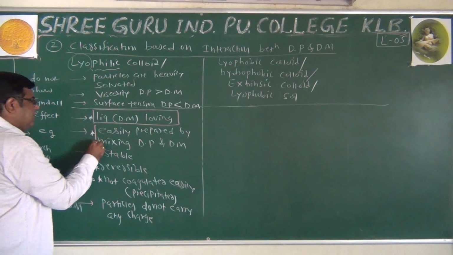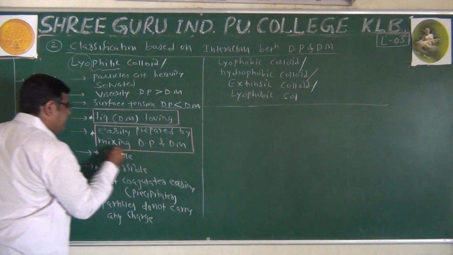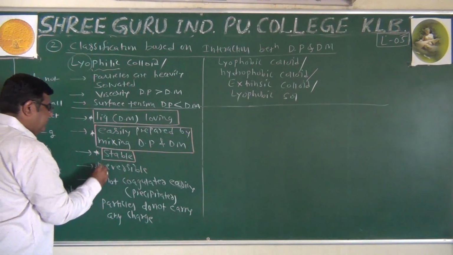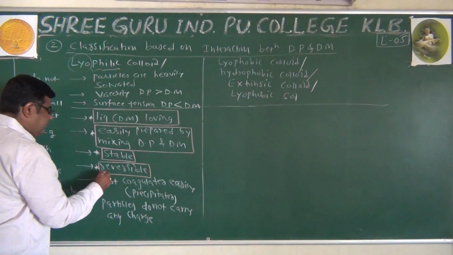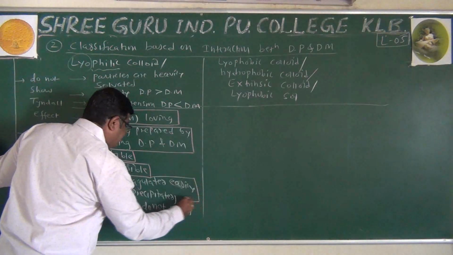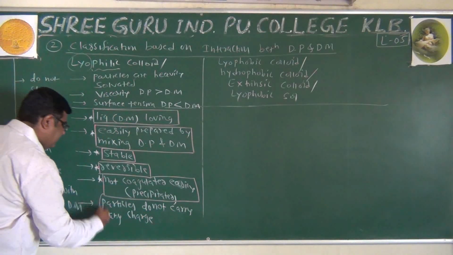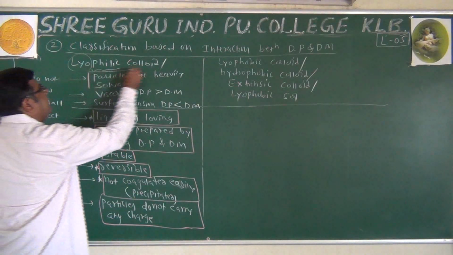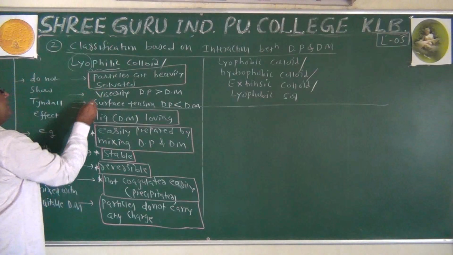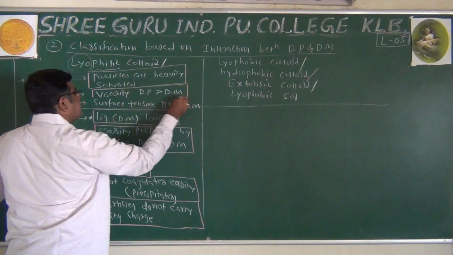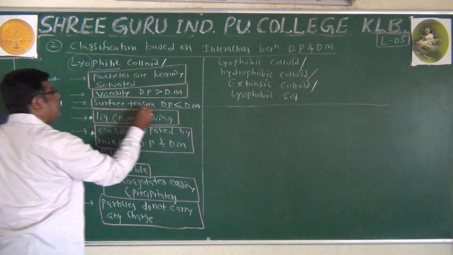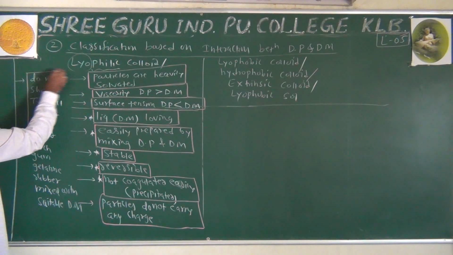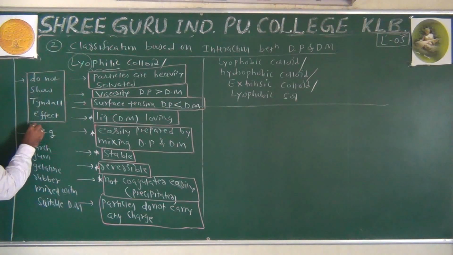Strong attraction between dispersion phase and dispersion medium, easily prepared by mixing DP and DM, stable, reversible, do not get easily precipitated, particles do not carry any charge, particles are heavily solvated, viscosity of DP is greater than DM, surface tension of DP is less than DM, do not show the Tyndall effect.